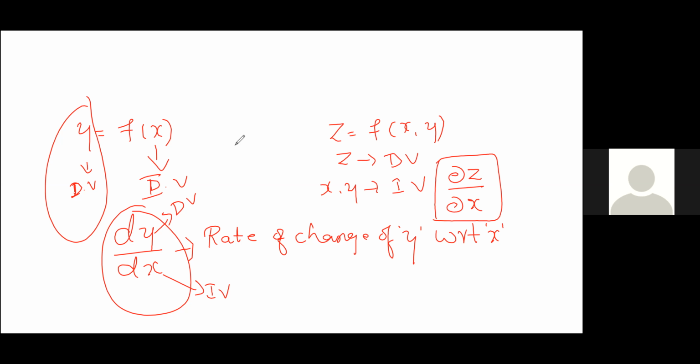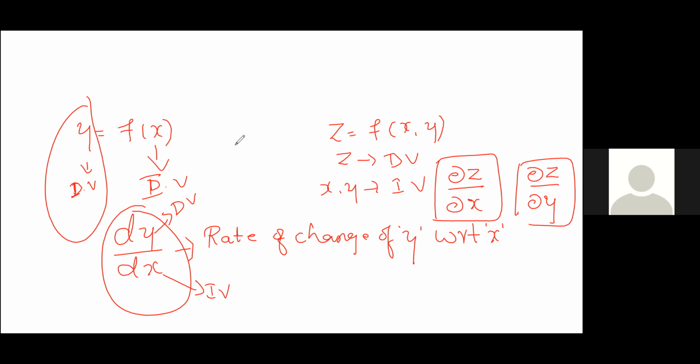Since the function depends on two variables x and y, we have to decide with respect to which variable you are going to find the rate of change of the function z. In case you find it with respect to y, it will become dou z by dou y.